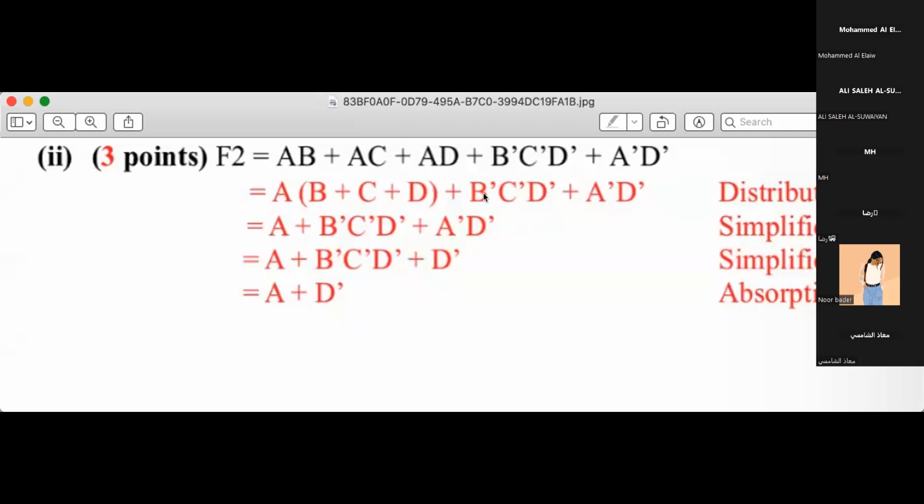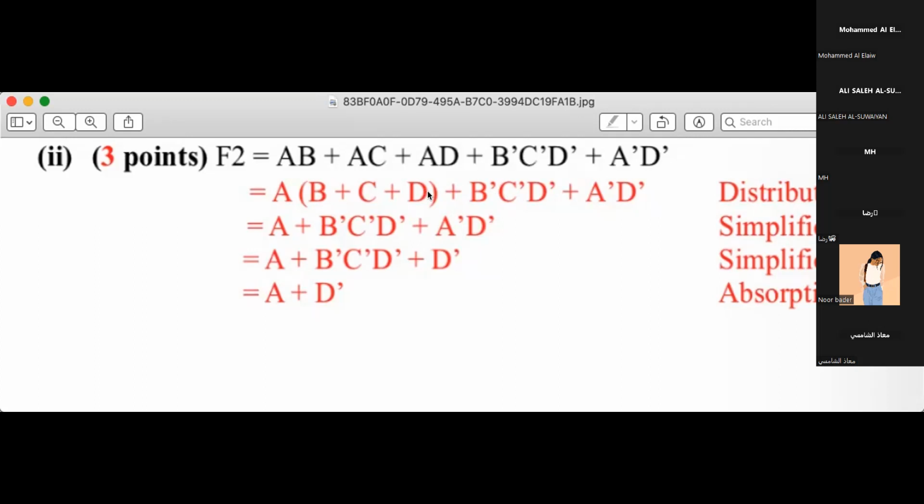All right, and then we have B complement, C complement, D complement. I see why you are asking this question probably. How did we get rid of B or C or D?